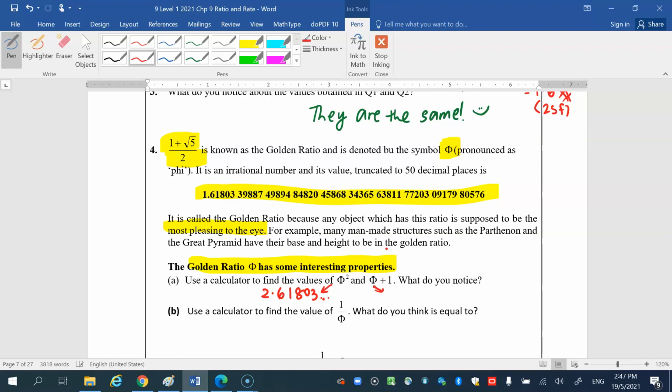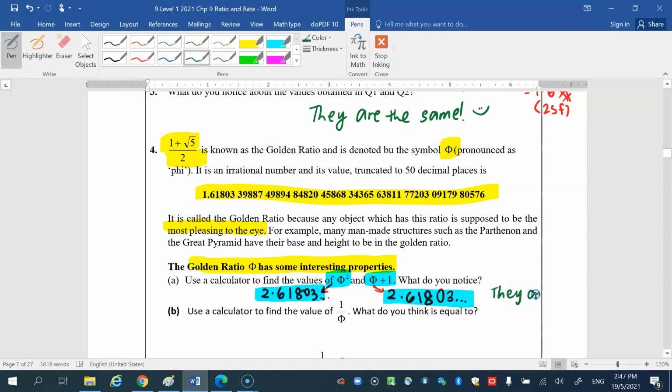I just press 1 plus root 5 divided by 2 to get that golden ratio, which is 1.618, etc. Then if I plus 1, I will also get 2.61803 and so on. So, aha, do you see that phi square and phi plus 1 both give you the same answer? Okay, once again, they are the same.